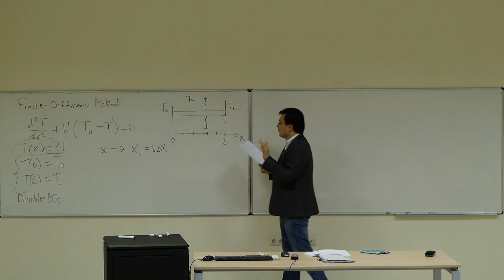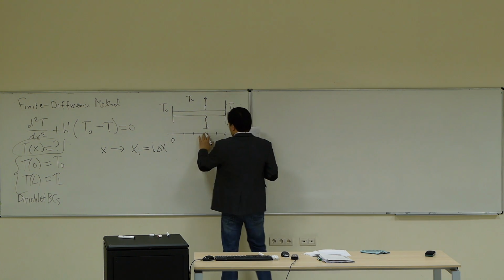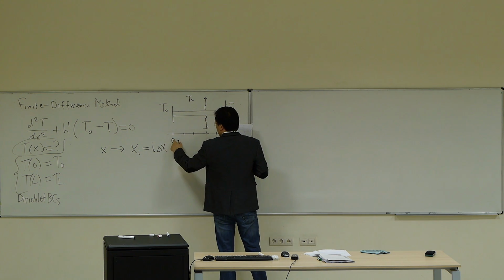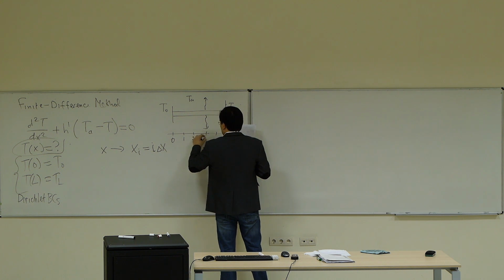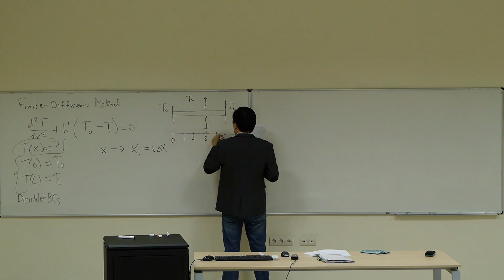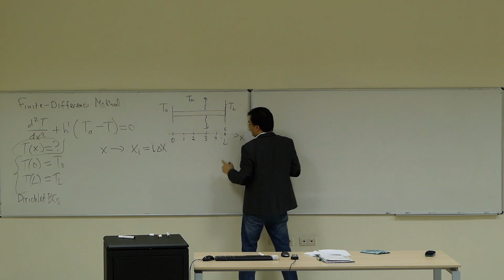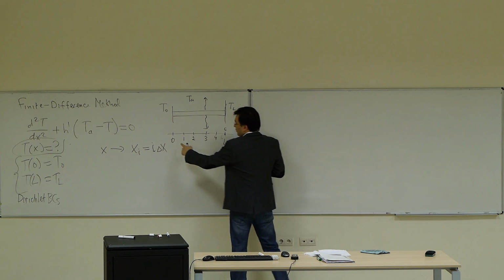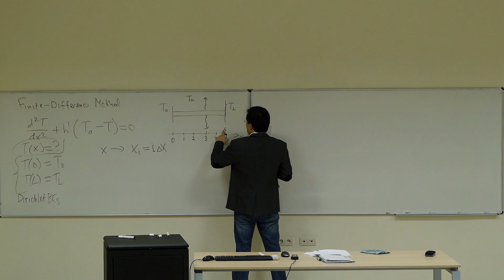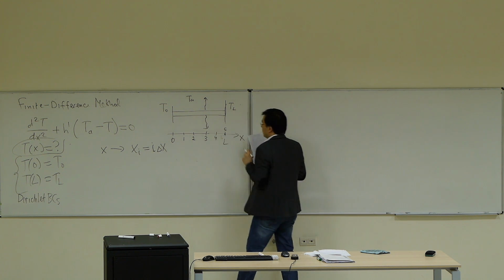So the points with index 0 and 5 correspond to the left and right boundaries.